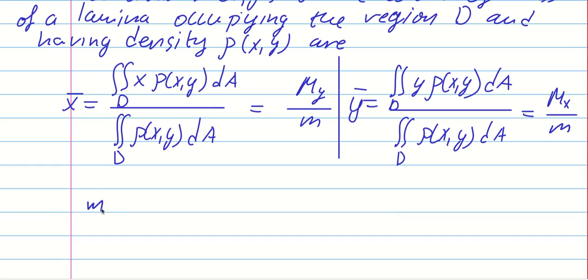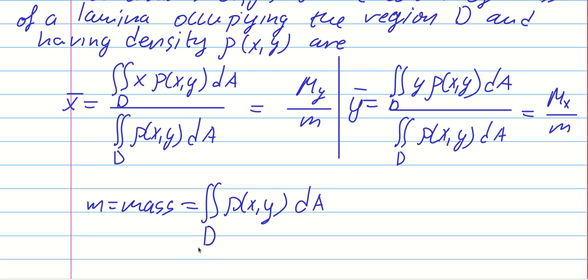And little m is just the mass, and we defined it to be this denominator, the double integral of rho of xy dA over the region D.